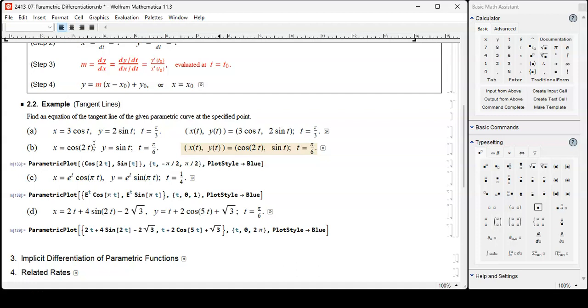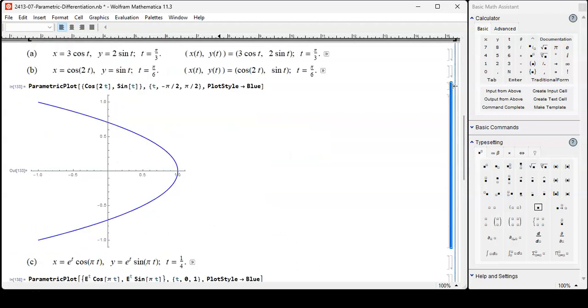It's the same. Here I gave you x and y separately as two functions. Here I put those two together and gave you a vector function. They're the same. X of t is this, y of t is the second, and then t0 value. Let's see, we have this kind of curve.